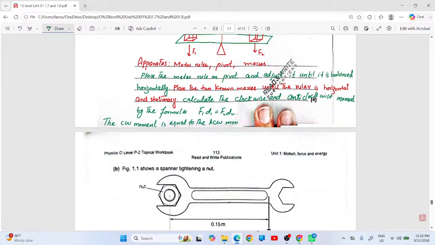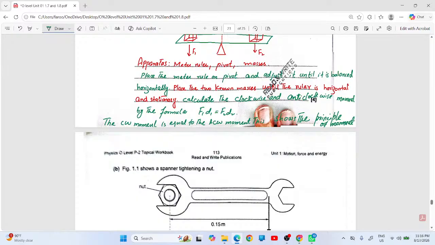This shows the verifying of the principle of moment.